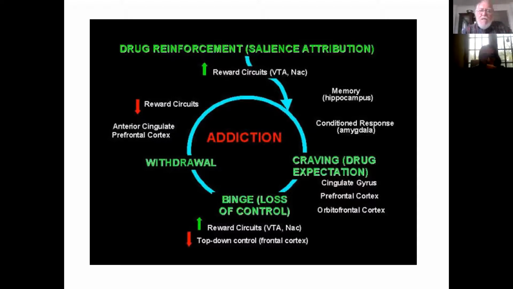So what you can see with initial taking of a drug, and this is the work of Nora Volkow, who was the head of NIMH, and George Koob, who is now the head of NIDA. And what you basically see with initial administration or opportunity for the drug to self-administer, reward circuits like the VTA and the nucleus accumbens are activated.